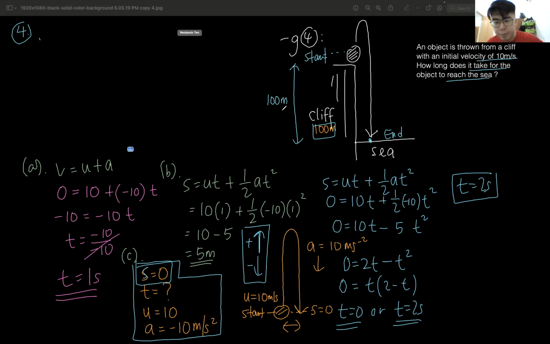That is my displacement. When the ball hits the sea, it is 100 meter below the starting point. Okay, your direction. Where is positive? 你一来是向上丢，所以上是 positive, 下是 negative, right？这个 displacement 100 below 你的 starting point, 这个是减。S equals to minus 100 meter.